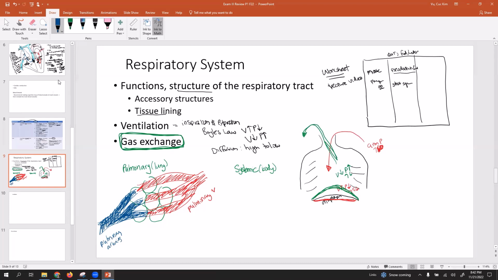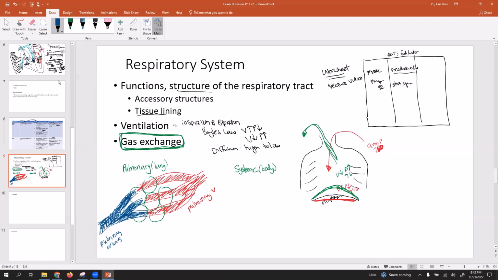Now, this is, well, not the only time, but one of the few times in which it is not oxygenated or deoxygenated as expected. 99% of the time, arteries are oxygenated and veins are deoxygenated, but not all the time. And that's why you cannot say that a definition of an artery is that it carries oxygenated blood away from the heart. 99% of the time that's true, but not all, so we can't use that.